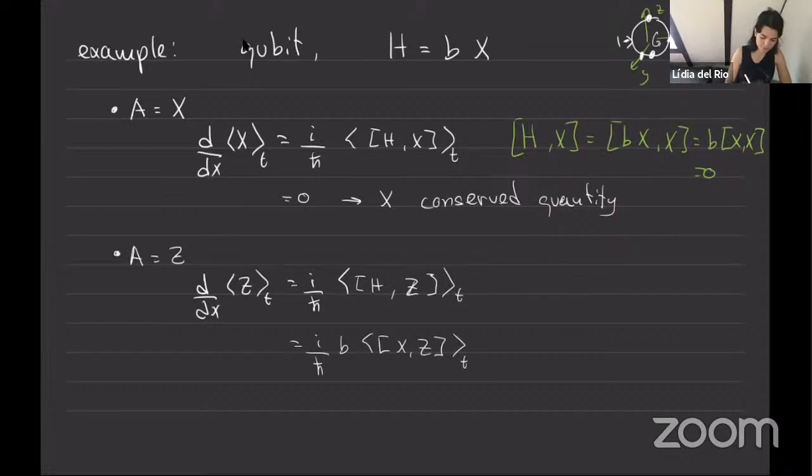And now we need to compute this. We could do it in Dirac notation, but these are 2 by 2 matrices, so it's easier to just write the matrices and multiply them.